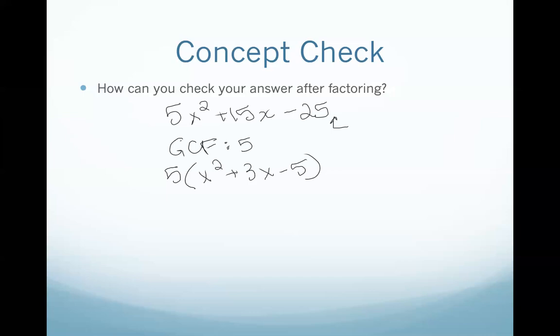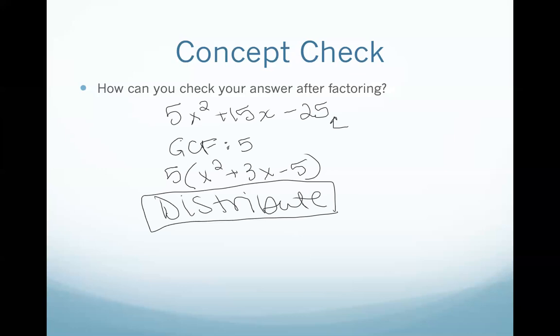So we're going to distribute. If I distribute that 5 times x squared plus 3x minus 5, and I distribute the 5 to each term, then I get 5x squared plus 15x minus 25.